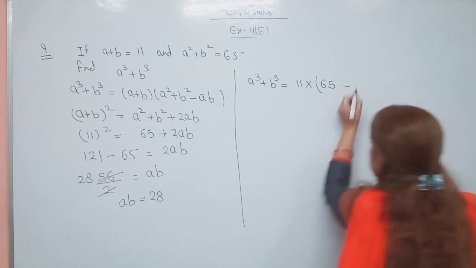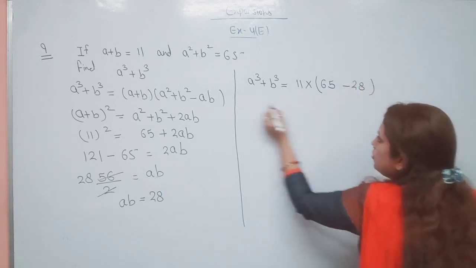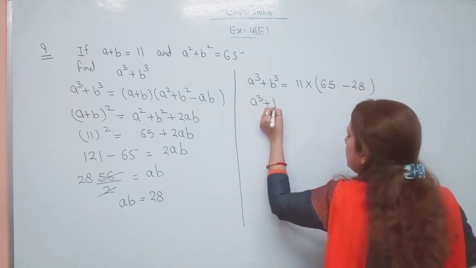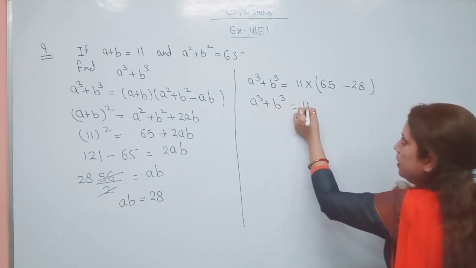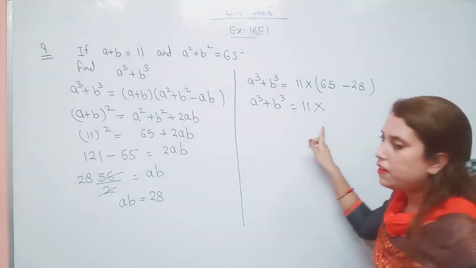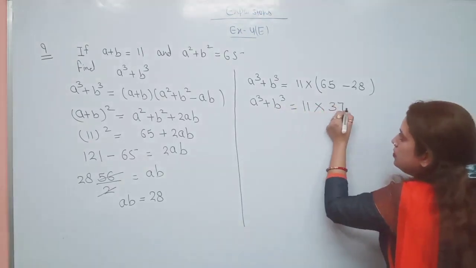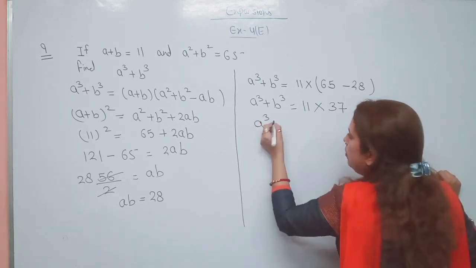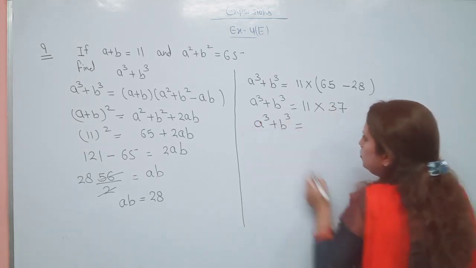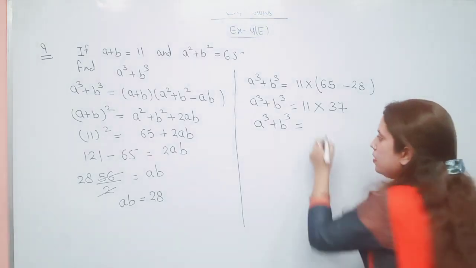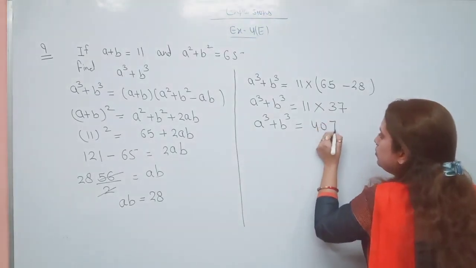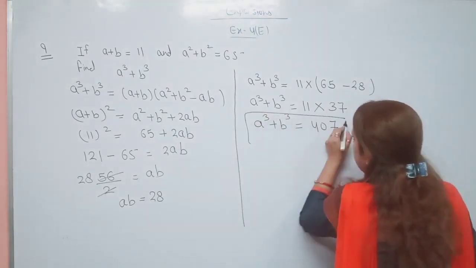The value of ab is 28. So a cube plus b cube is equal to 11 into 37, which is 407. So this is the answer.